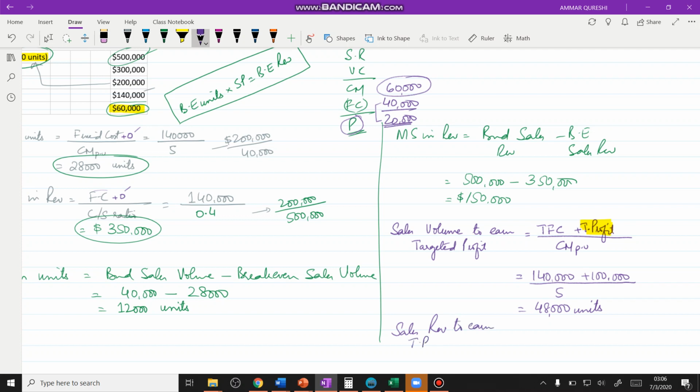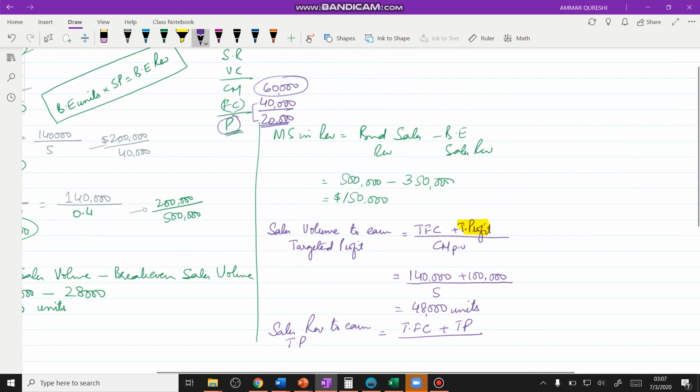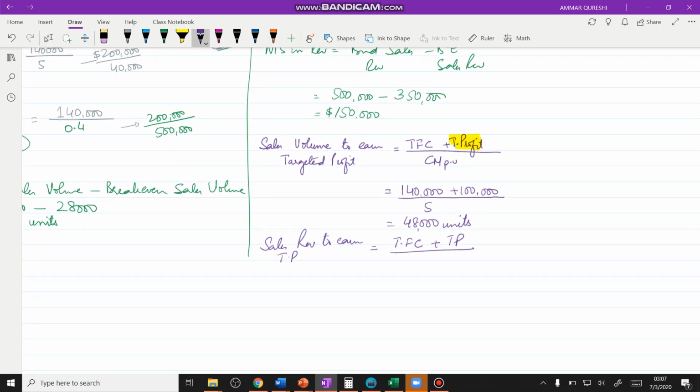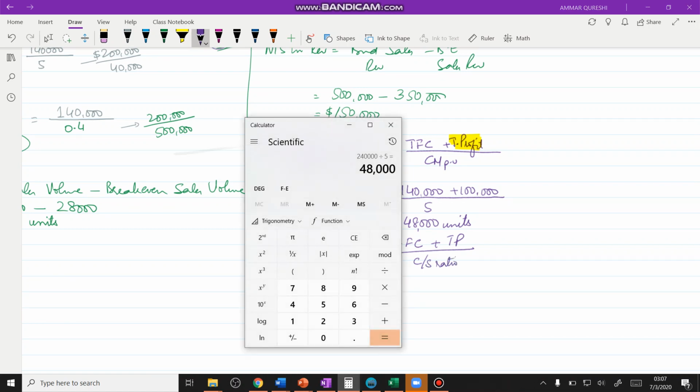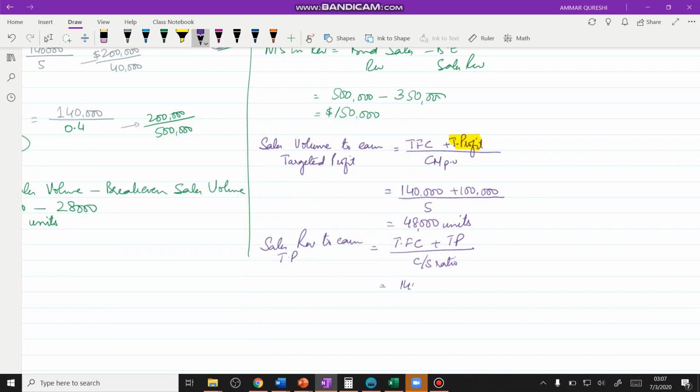Similarly, if you want to calculate sales revenue to earn targeted profit, how will you calculate that? See, it's also simple. You will consider total fixed cost plus targeted profit divided by, what we did in break-even in the revenue case, the CS ratio. So here we will also divide it by the CS ratio, right? So the fixed cost is 1,40,000.